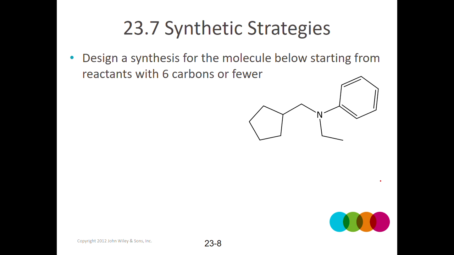So if I wanted to design this structure or synthesize this structure, and I was told I need to start with 6 carbons or less, I would probably want to start off with the nitrogen connected to the aromatic ring. So I'm not going to be able to use a reductive amination to connect the nitrogen to an aromatic ring.